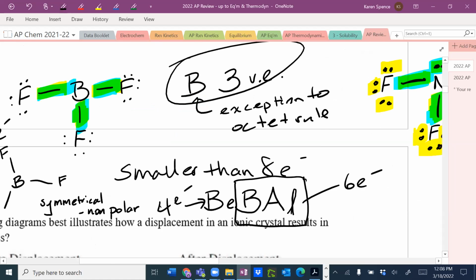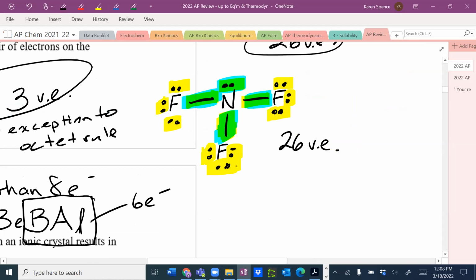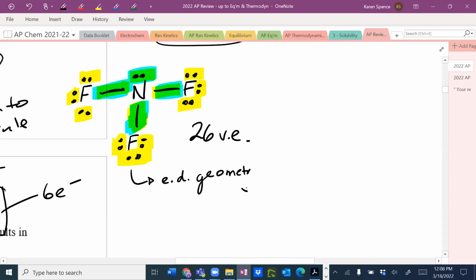If we have nitrogen trifluoride, on the other hand, we have 4 electron domains. What is the electron domain geometry when we have 4 electron domains?